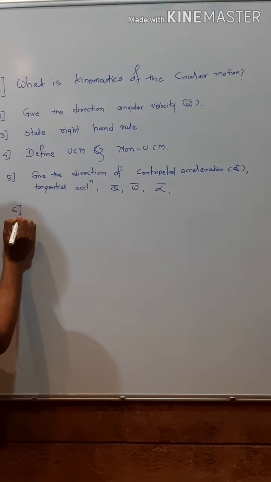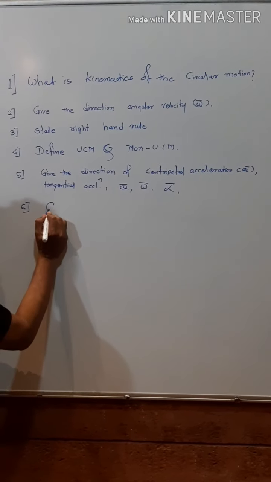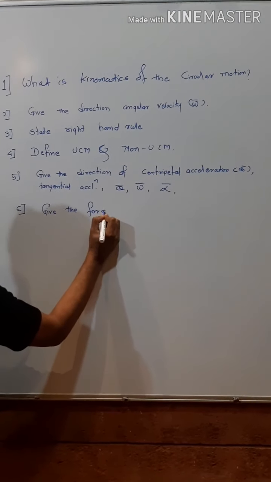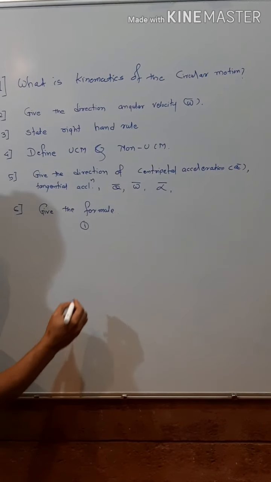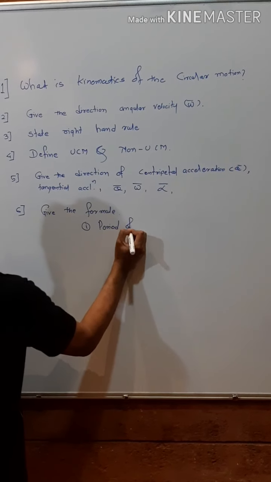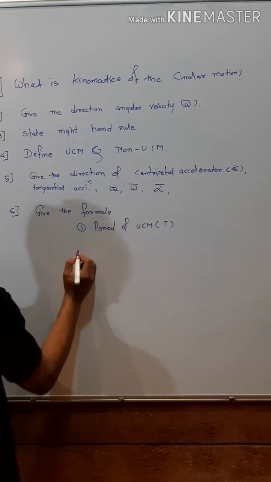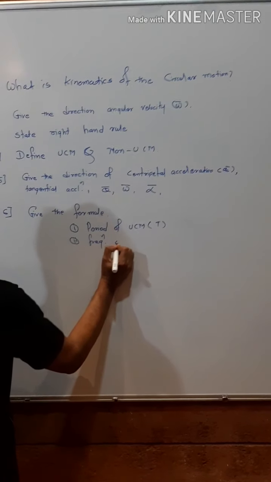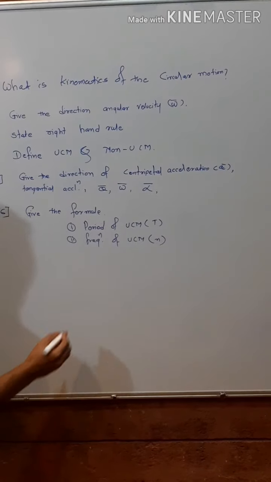Now the sixth question is give the formula. First is period of UCM in bracket capital T. Second is frequency of UCM in bracket small n.